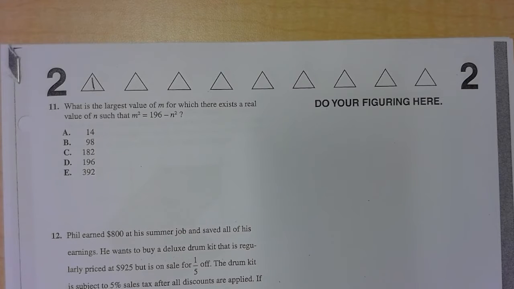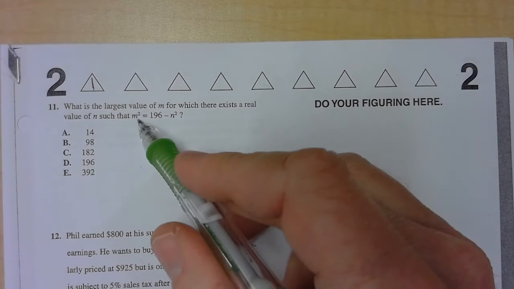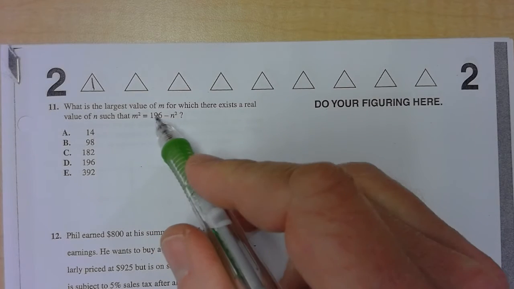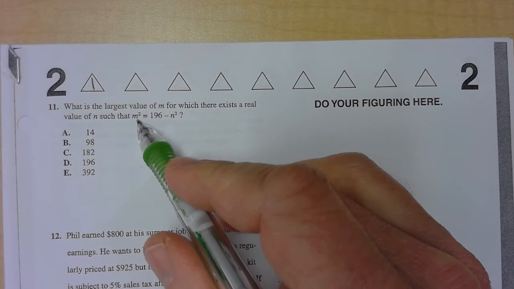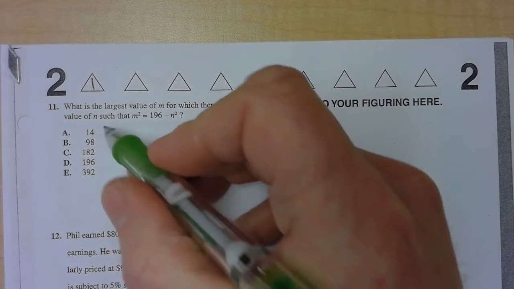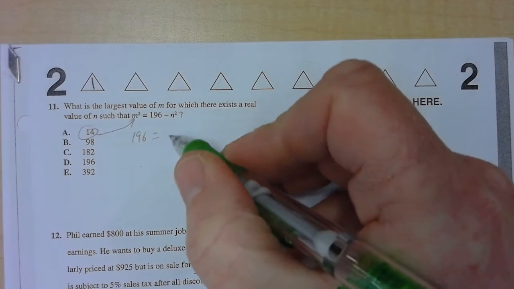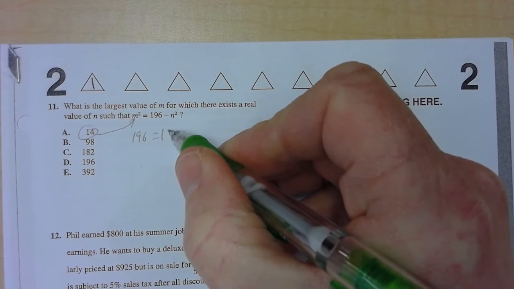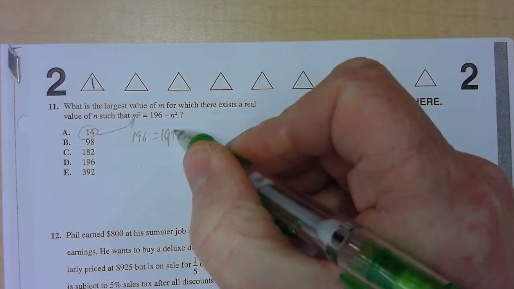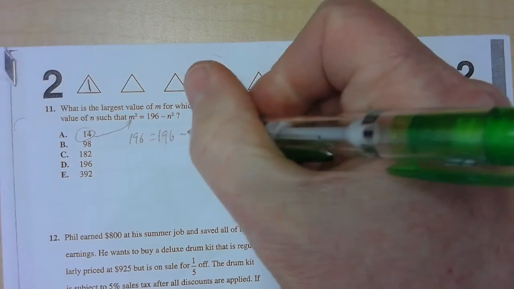All right, number 11, the next 5. If this gets bigger than the 196, then we're looking for the square roots of negatives and things like that. So we need a real value for n. So if we put 14 in there, we get 196 is equal to 196 minus n squared.